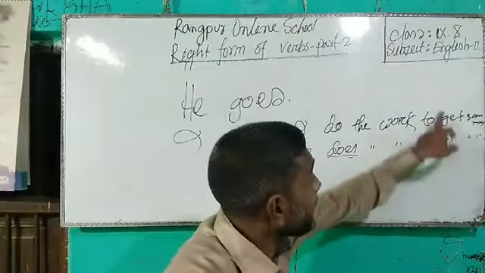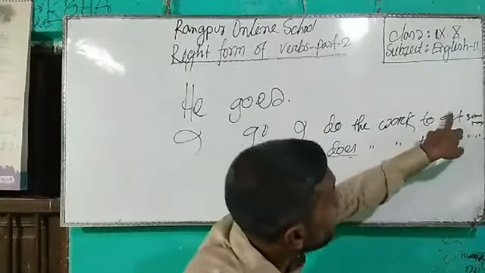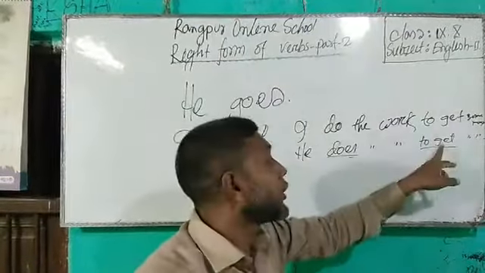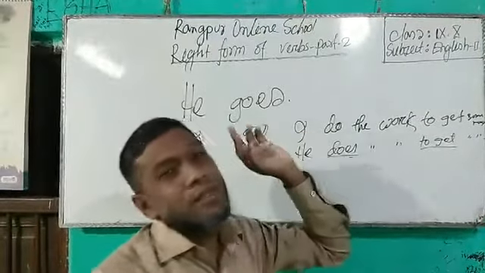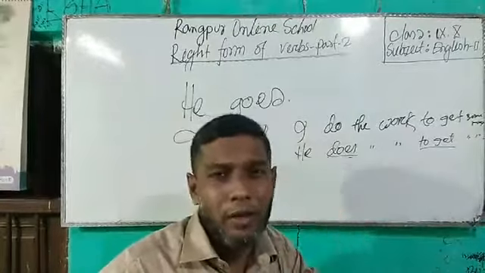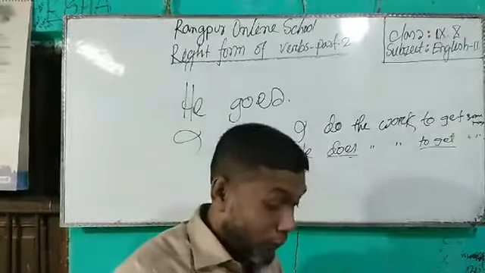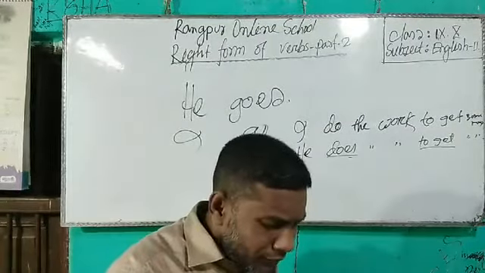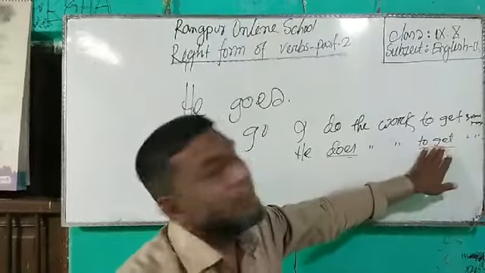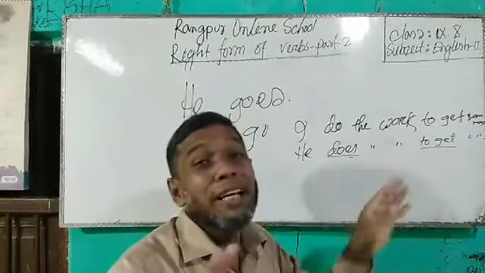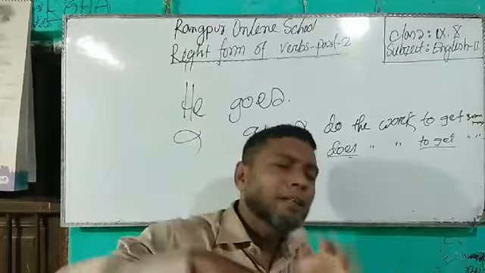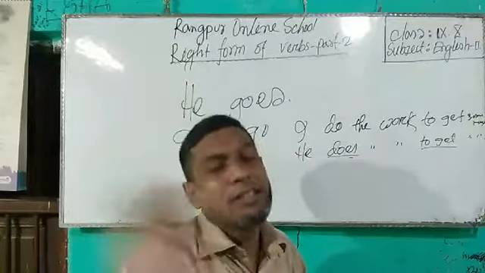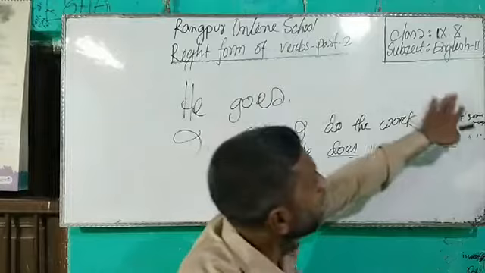But this verb, there it was "to get," here it is "to get," because this verb is not run by the subject, the tense, the voice, number or person. So it is an independent verb. Finite means which can be changed, and non-finite means which cannot be changed. So this is always unchanged.